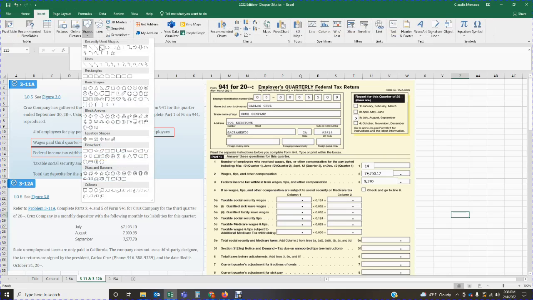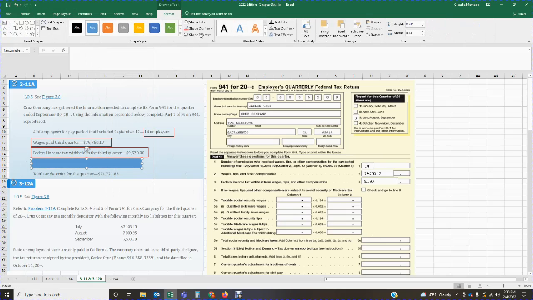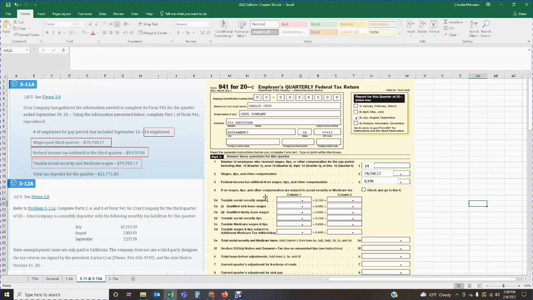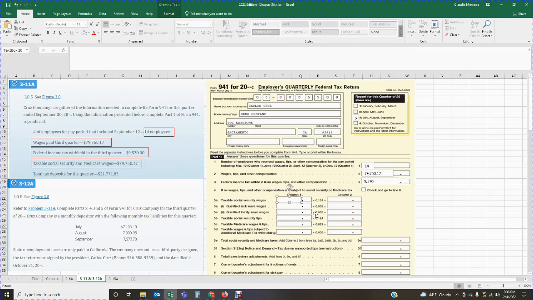Okay. Right there. So here for the taxable Social Security wages, we're going to go ahead and we're going to enter the 79,750.17. Okay.